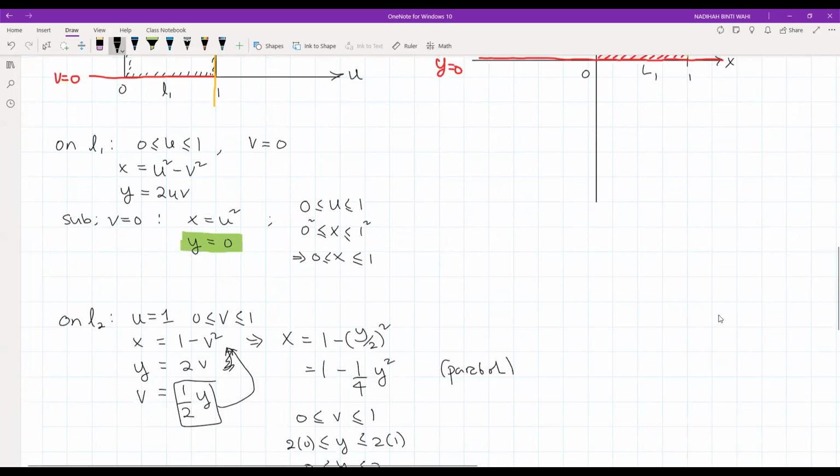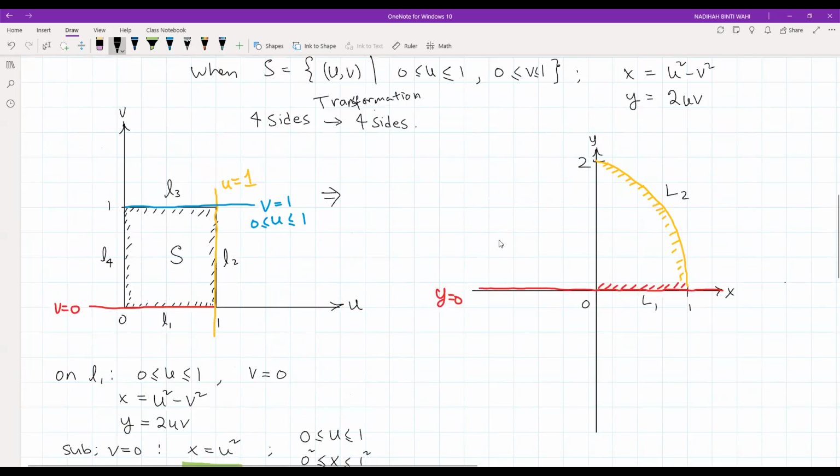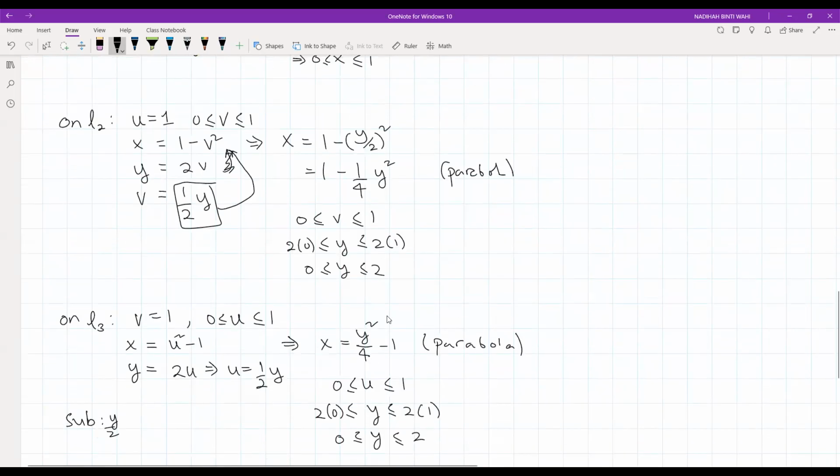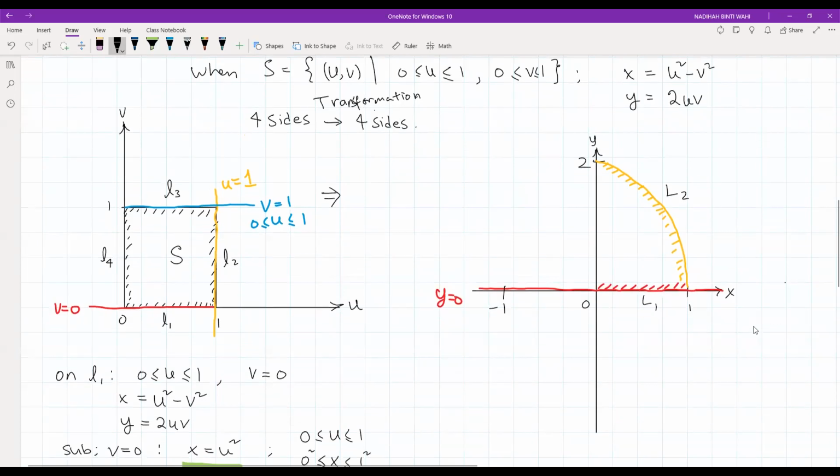Okay, so it's the same thing, except that it is on the opposite side. Let's say this is minus 1. Why minus? Because you can see that if Y is less than 2, the minus 1 will be the bigger part. So this is this line, which is L3.